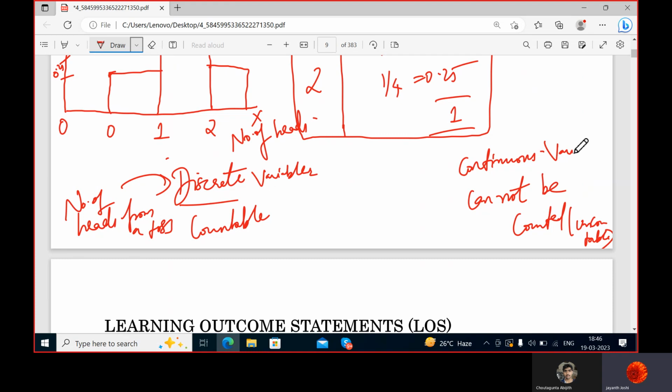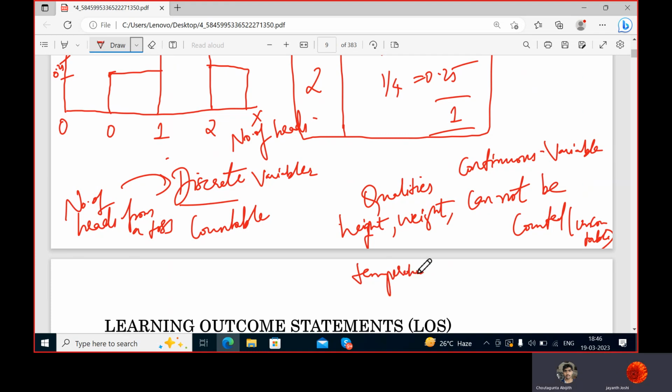And what about the continuous variables? Can you give some examples? We can take qualities. Can we count or quantify someone's quality? Qualities such as height, weight, temperature, distance.